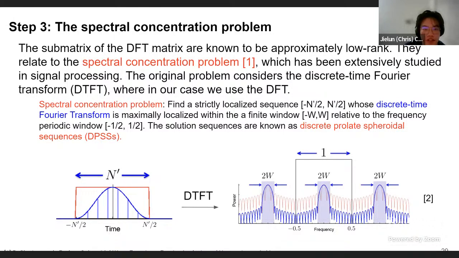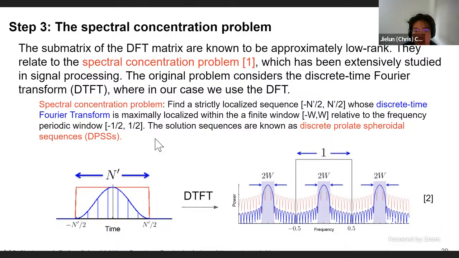So let's now go to step 3, which is why we know this has to be a low rank matrix. Submatrices of the DFT are known to be approximately low rank because this relates to the spectral concentration problem, which has been extensively studied in signal processing. The original problem considers the discrete time Fourier transform, but in our case we use the discrete Fourier transform. Nonetheless, it still has the same spirit.